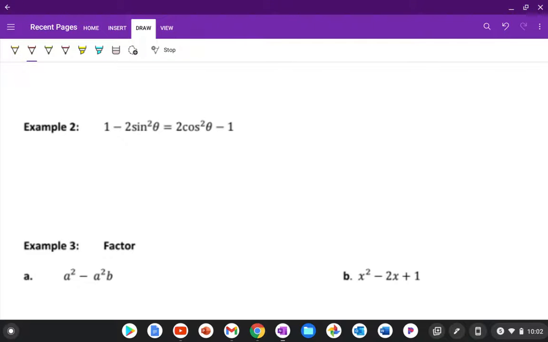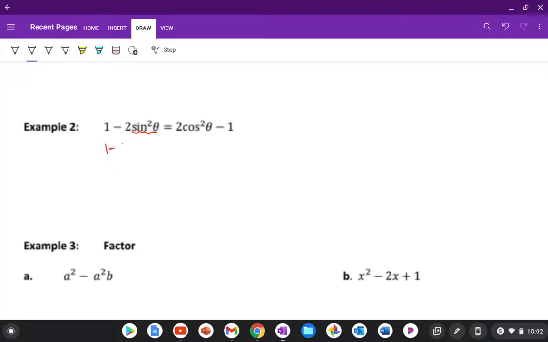1 minus 2 sine squared equals 2 cosine squared minus 1. Looks a little bit confusing. Again, you can't move things around, so you can't like add the 1 over. You just got to work with each side separately. So what I'm going to do is I would just like to start with the left side. So let's replace the only thing we really can, which is this, sine squared.